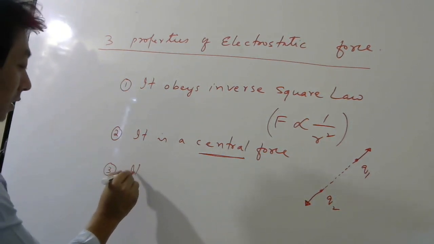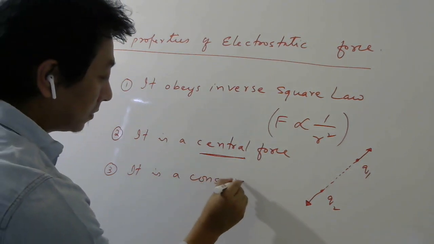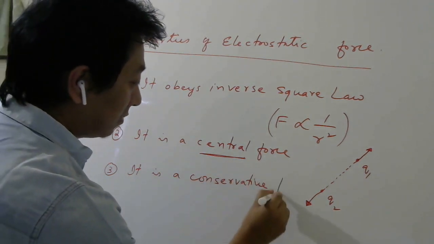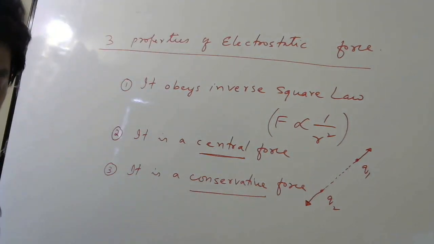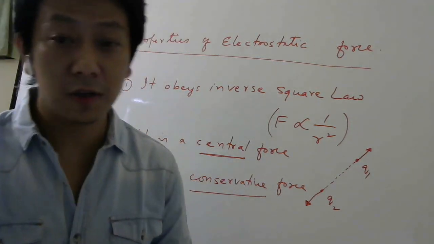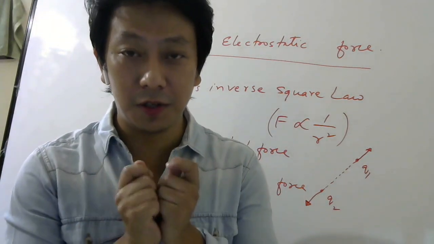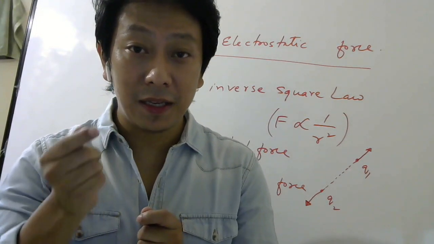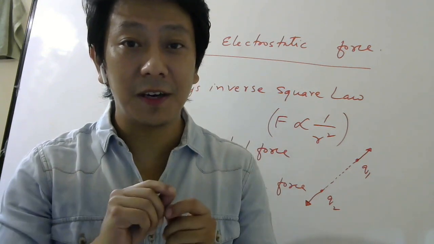Third, that it is a conservative force. Now conservative force was discussed in first PU. So do you remember what is the meaning of conservative force? A conservative force is a force where the work done by such a force will be independent of the path.